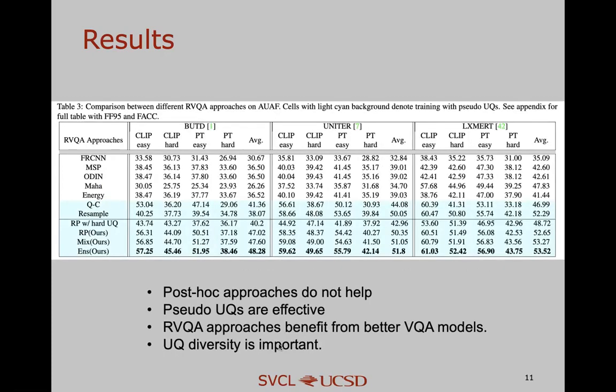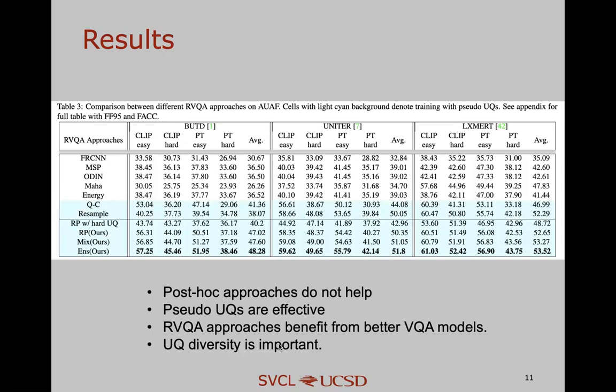In this table, we further compare different RVQA methods with three backbones: BUTD, UNITER, and LXMERT. First, we show that post-hoc approaches such as ODIN and the energy-based method do not help. Second, our proposed pseudo-UQ methods, including RP, MIX, and ENS, are effective.